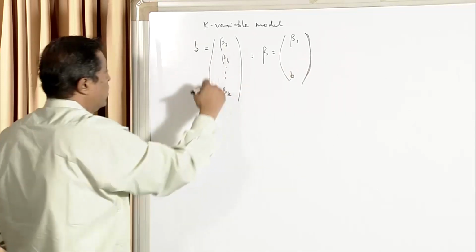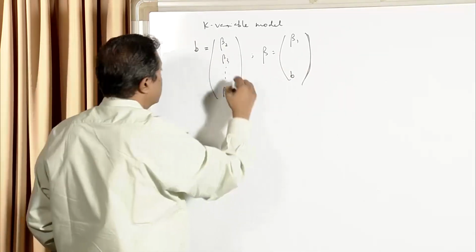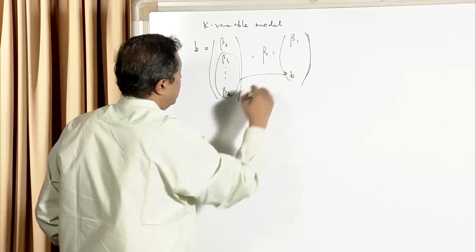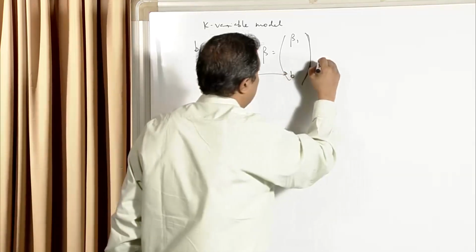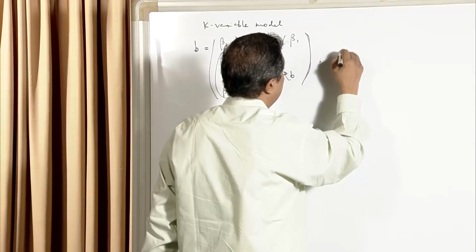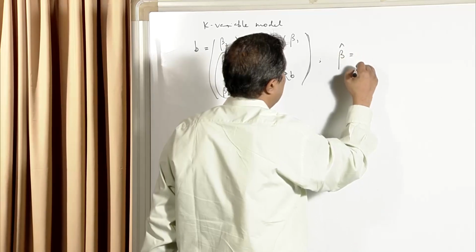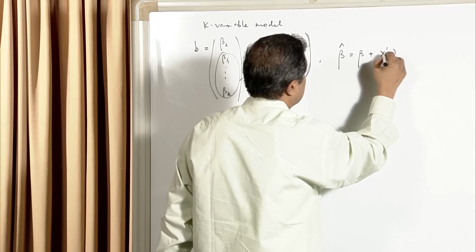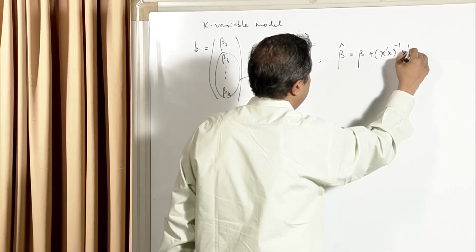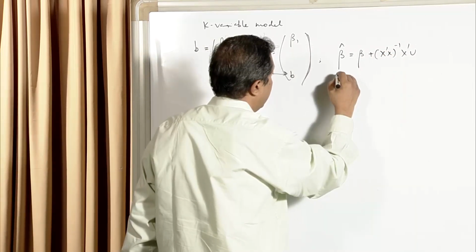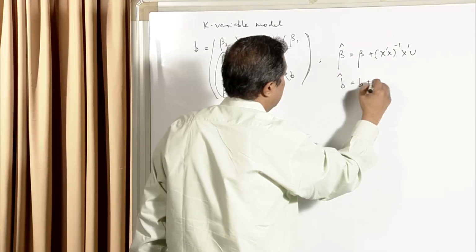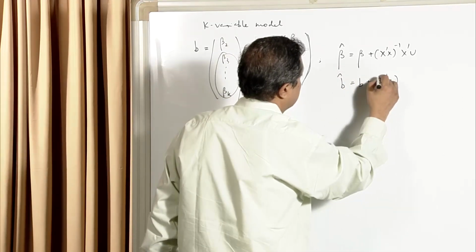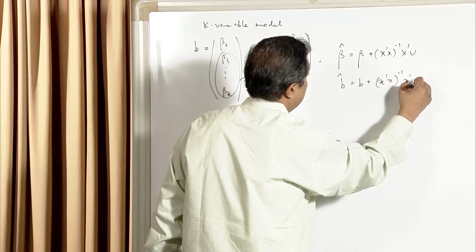So, if we are interested only in the slopes, then it is just b, and the results that we have are beta hat is equal to beta plus x prime x inverse x prime u. Similarly, b hat is equal to b plus small x prime x inverse small x prime u.